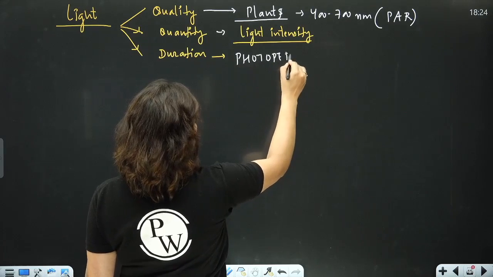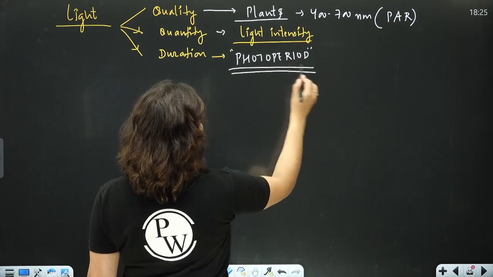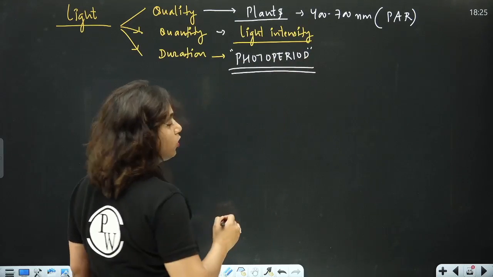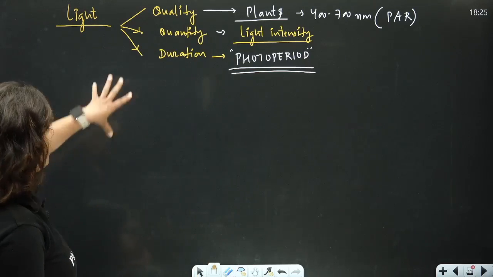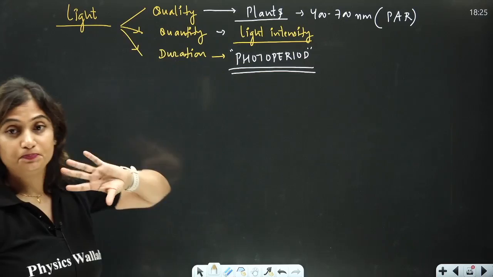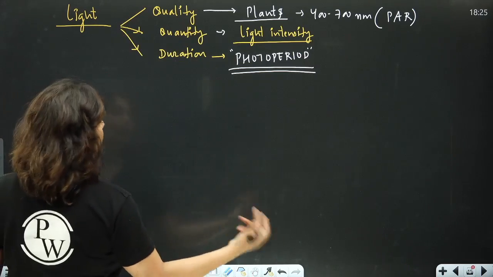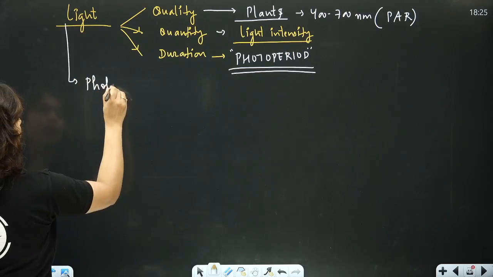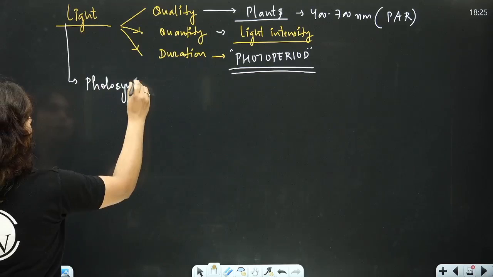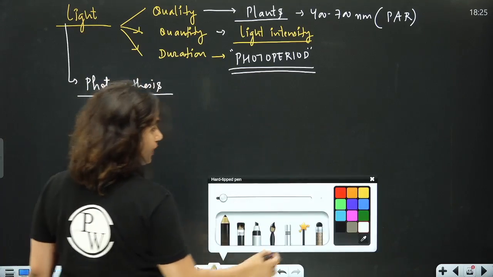You must have understood in plant growth and development what a photoperiod is and how the photoperiod affects the process of flowering in plants and the productivity. So all these aspects of light affect the productivity in plants, and obviously because of light, the plants perform photosynthesis. So light is very important for plants.